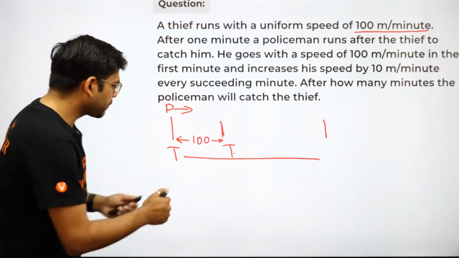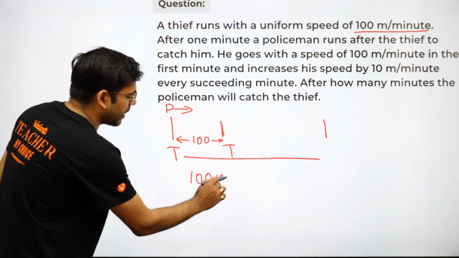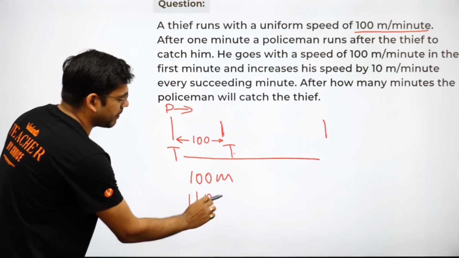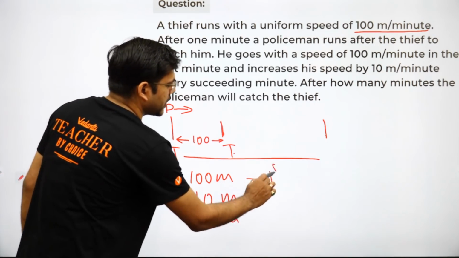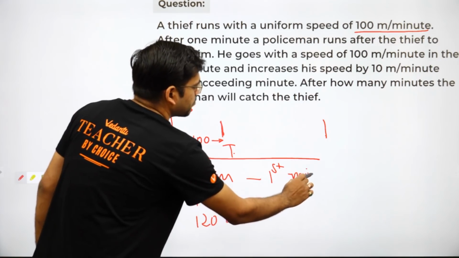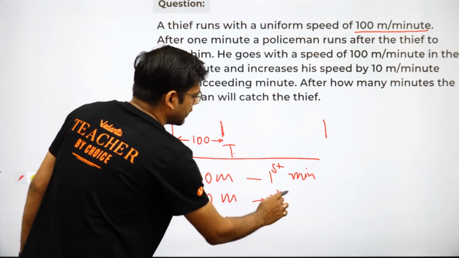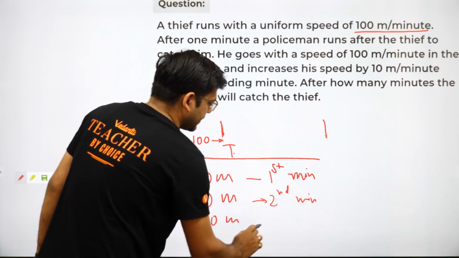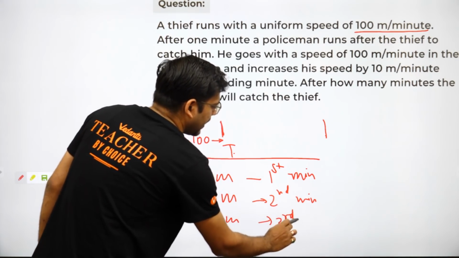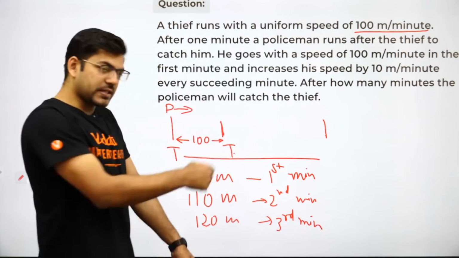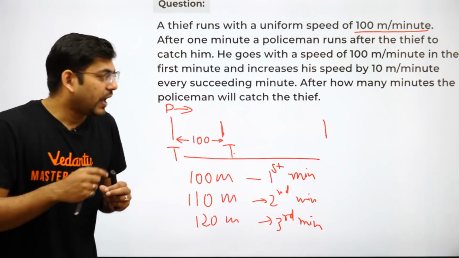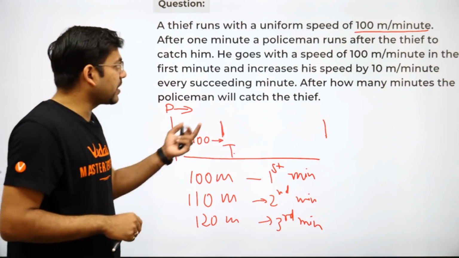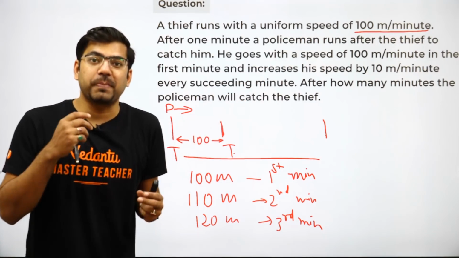So in the first minute, it will be 100 meters. In the next minute, it will be 110 meters, then 120 meters and so on. This is the first minute. This is the second minute. And this is the third minute. And so on. So this is how the police will cover the distance, and the thief will cover the distance with a constant speed of 100 meters per minute.